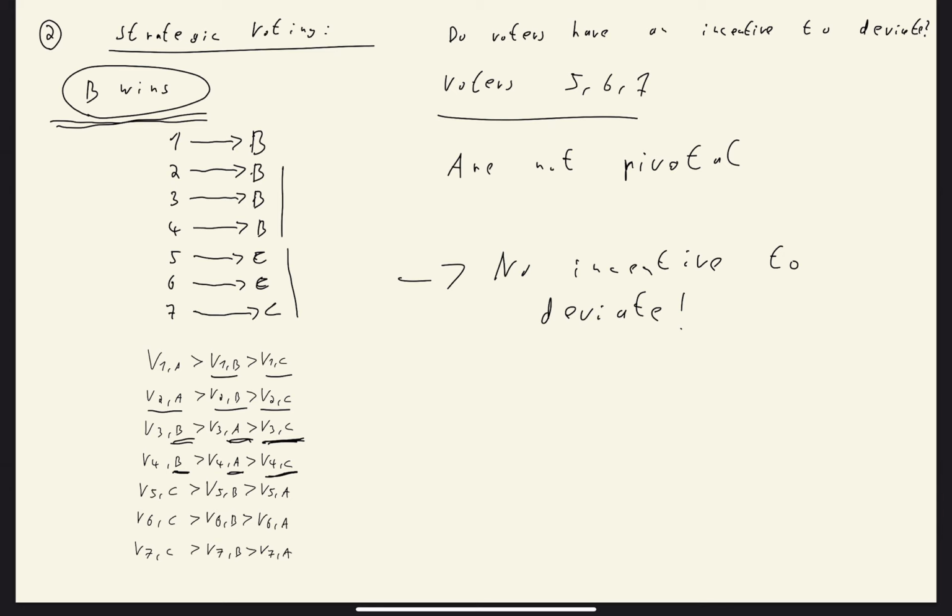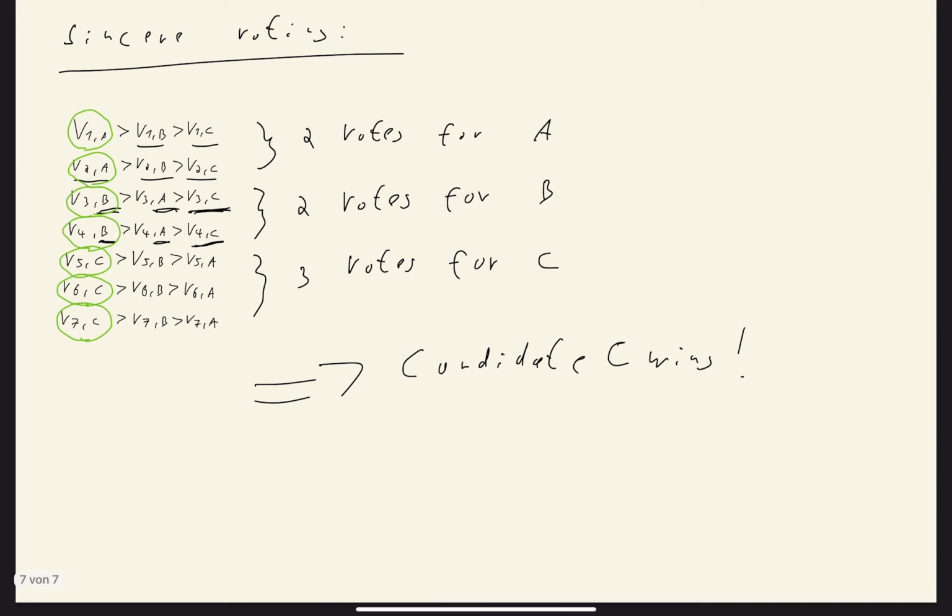This is a way to show you that if voters, instead of just voting according to their preferences, are thinking strategically about which candidate to vote for, in order, for instance, to not end up with their least preferred candidate, there can be situations where even their most preferred candidate still wins, or at least their second preferred candidate wins, as opposed to sincere voting. And this was the purpose of this exercise, to show you that this can happen, at least in this model here. And this finishes this week's problem set. So see you next week.